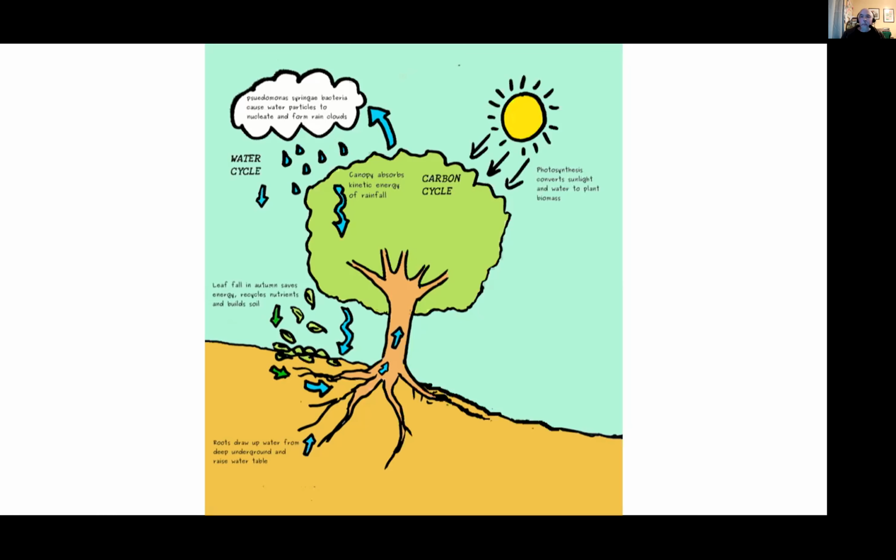So I mentioned the word photosynthesis just now. Every tree actually has these hundreds of thousands of built-in solar panels that are able to transform sunlight into a different form of energy.